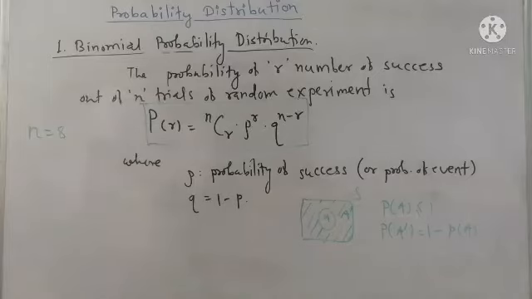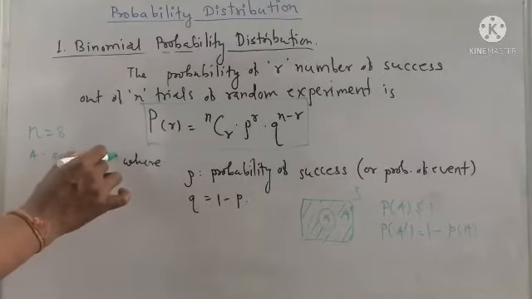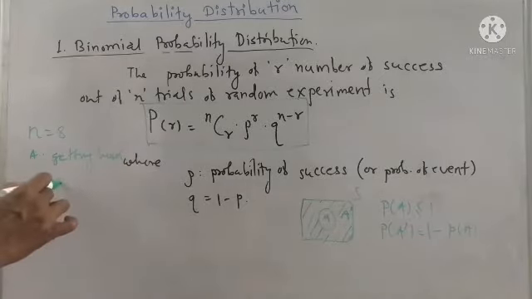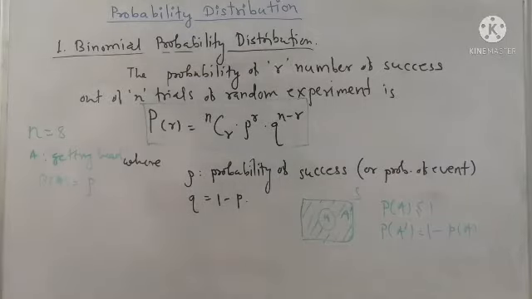If we want a head on the coin, that means the event A is getting a head, and this probability of getting a head in the random experiment is called the probability of success.